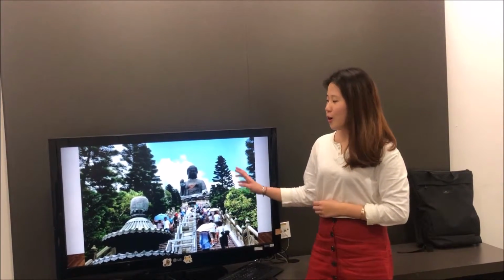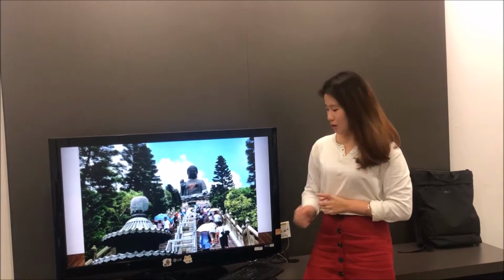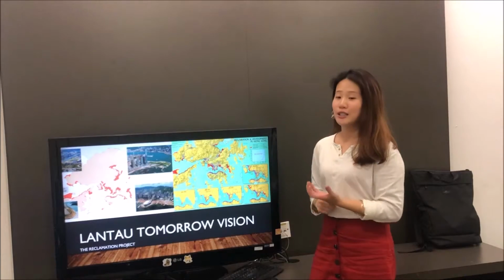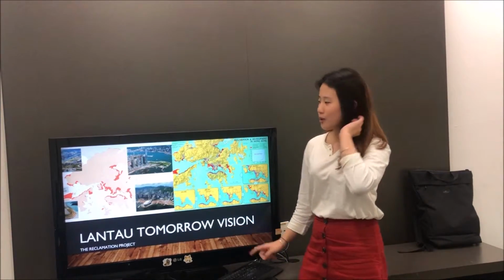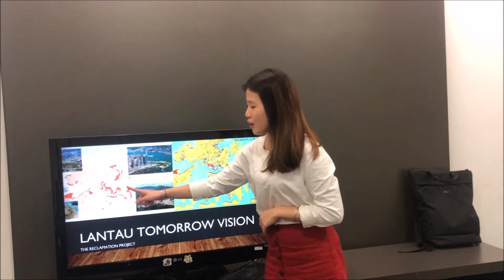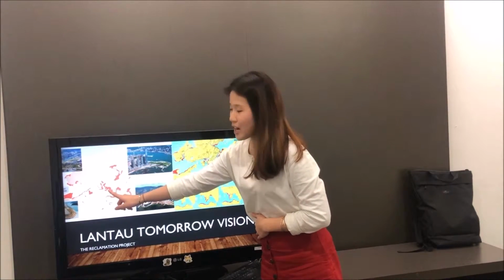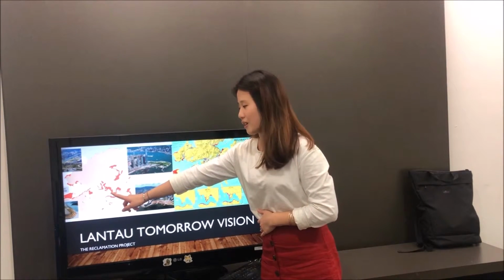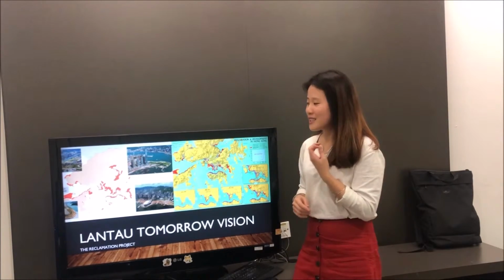So, do you all know what happened to it recently? I'm not sure. Okay, so Carrie Lam recently announced a new policy, which is Lantau Tomorrow Vision. This is the original size of Hong Kong, in light orange, and the sharp orange area is the area where we are going to build some land.